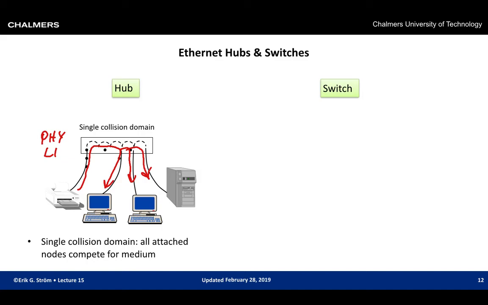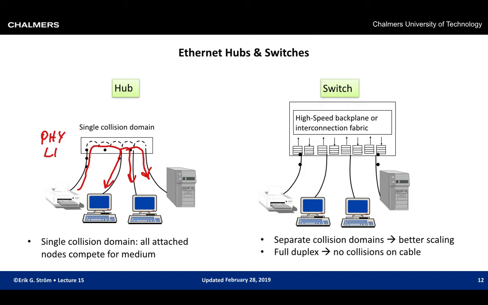Right. A switch, on the other hand, is a layer 2 device. So this is a link layer device. How does that work? Well, there are still cables connected to a box, but the packets that go in here are decoded, and link layer addresses are inspected and so forth.